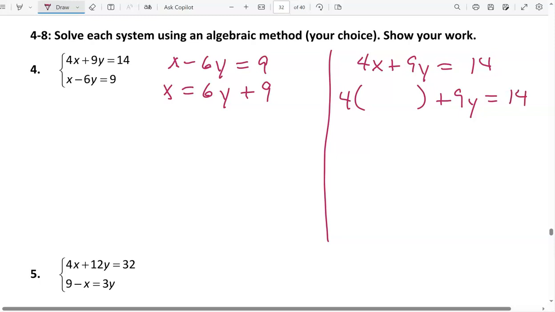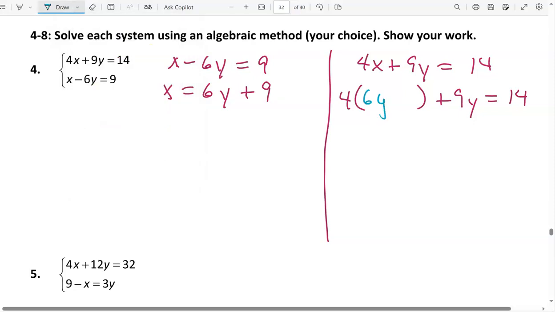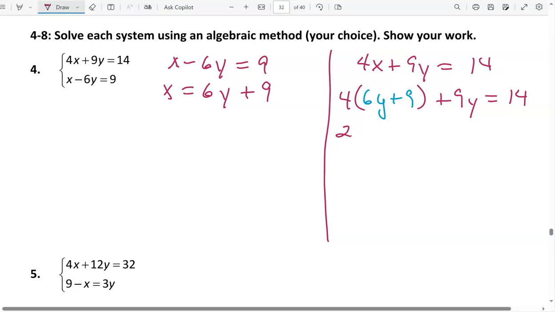So I'm just putting a parentheses where the x was, and then filling that parentheses with 6 times y plus 9. Now we have an equation with a single variable, distributing the multiplication over the addition in the parentheses.